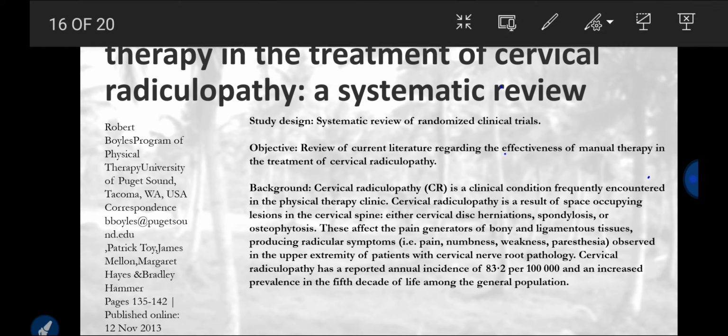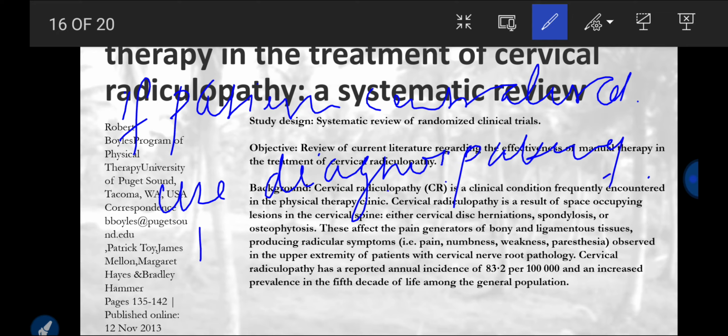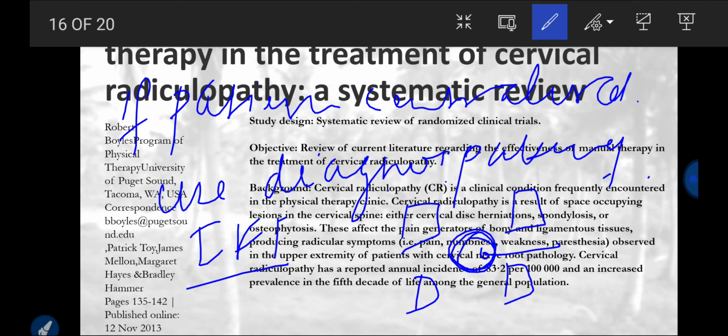Next, traction done. Then if patient symptoms centralized, what you can do, use diagonal pattern of IFT. Red one, black one, and here you use ultrasound.